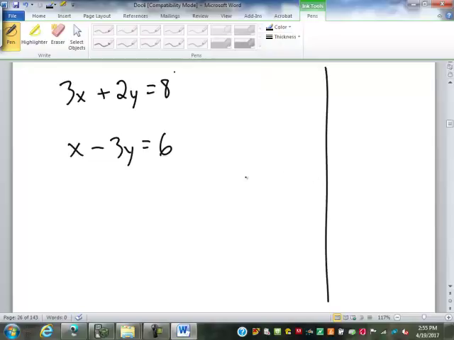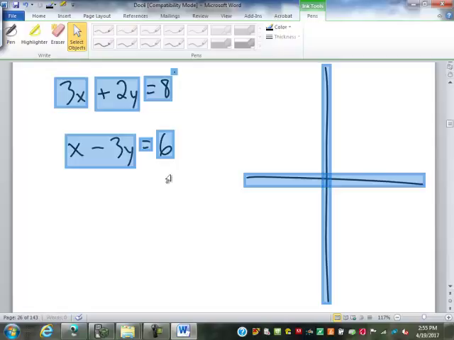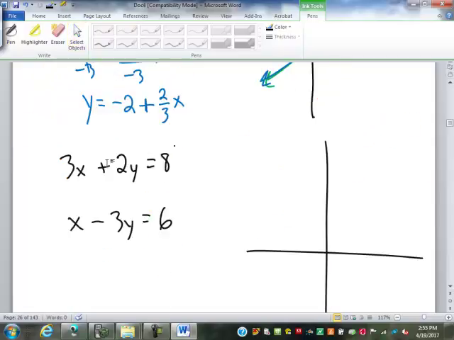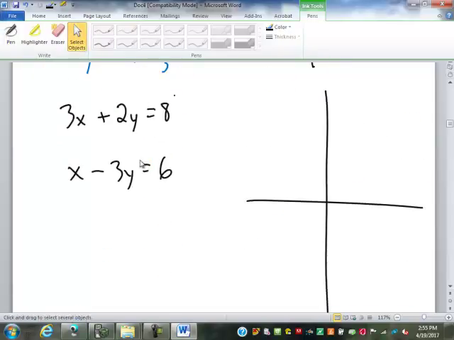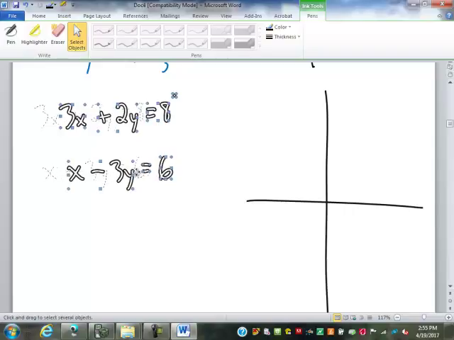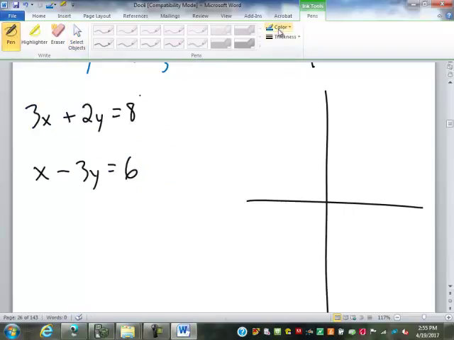So both of these equations have to be solved before we can do anything with them. Let's start out with the top equation here. Oops, way back here. I'll slide it over so I have a little room. So yes, we have 3x plus 2y equals 8.